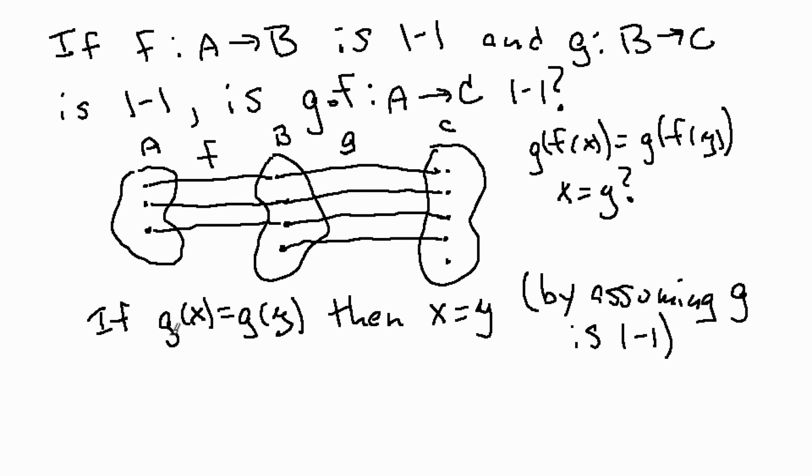Incidentally, notice if g of x is equal to g of y, remember g of x and g of y are in C, so this means x or y is actually contained in the set B.